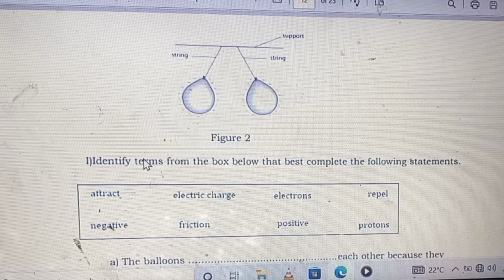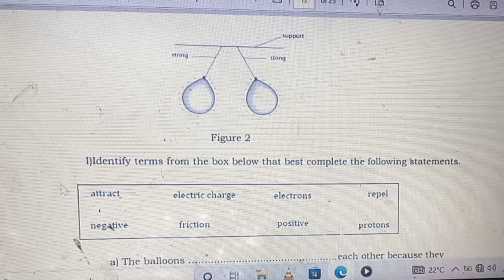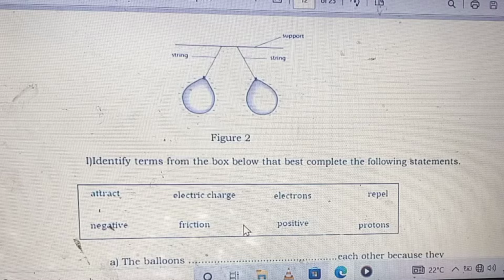I. Identify the term from the box below that best completes the following statements. We have attract, negative, electric charge, friction, electrons, positive, proton, and repel.